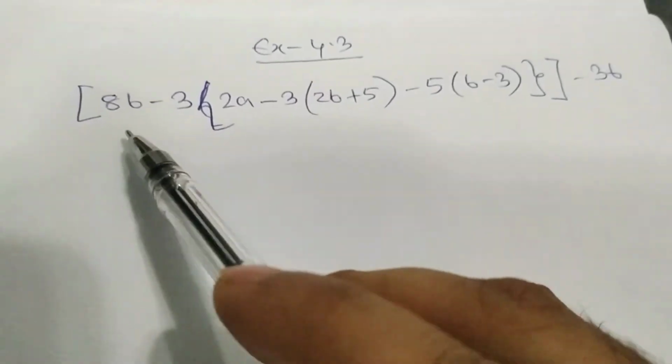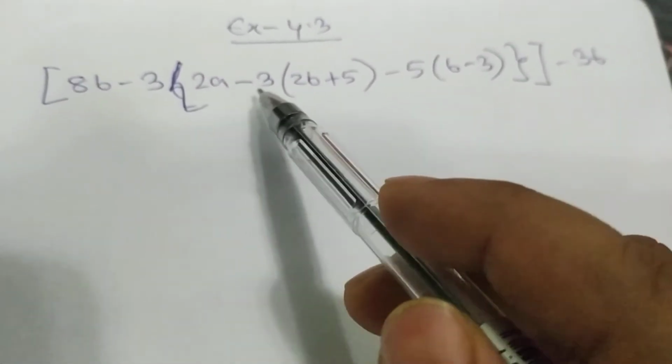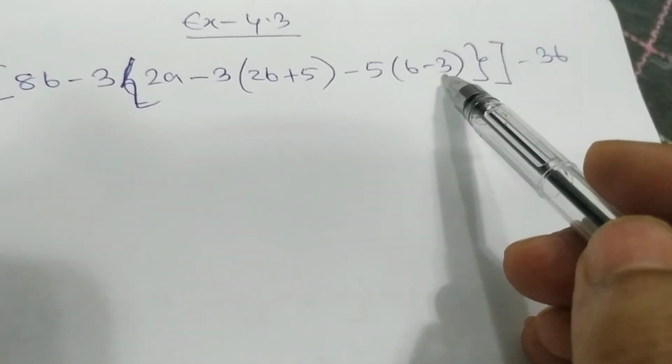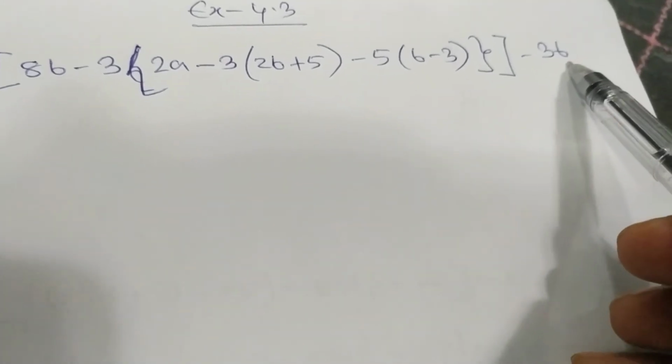Here I'm writing the question first. So this is my question, 8b minus 3, here there is a second bracket, then 2a minus 3, 2b plus 5, minus 5 into b minus 3, then second bracket closed, then third bracket, finally minus 3b.